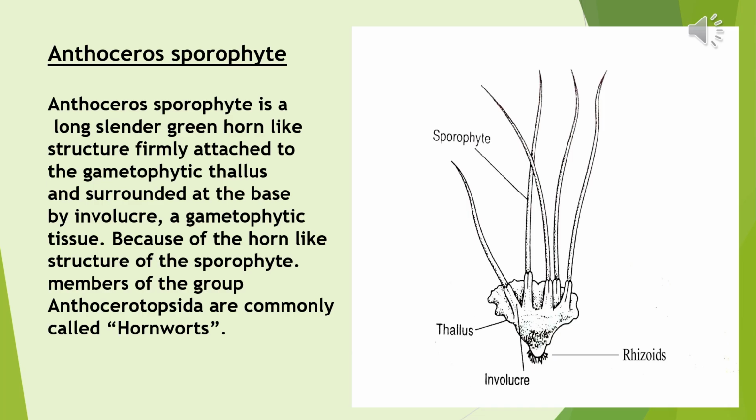So, Anthoceros sporophyte is a long, slender, green, horn-like structure firmly attached to the gametophytic thallus at the base and surrounded at the base by involucre, a gametophytic tissue. Because of the horn-like structure of the sporophyte, members of the group of Anthoceros are commonly called hornworts.